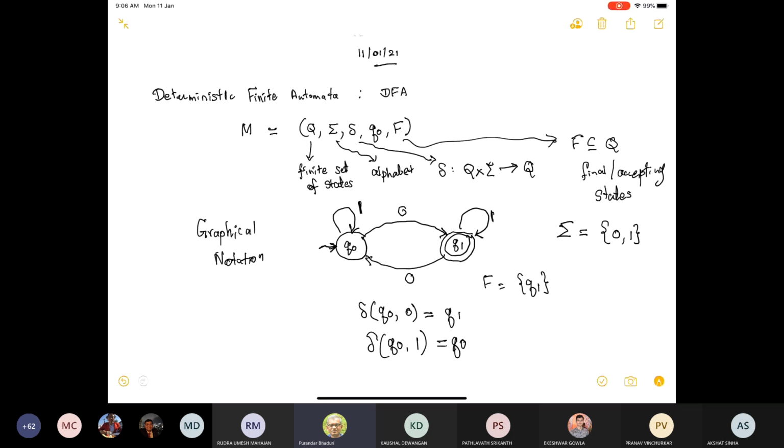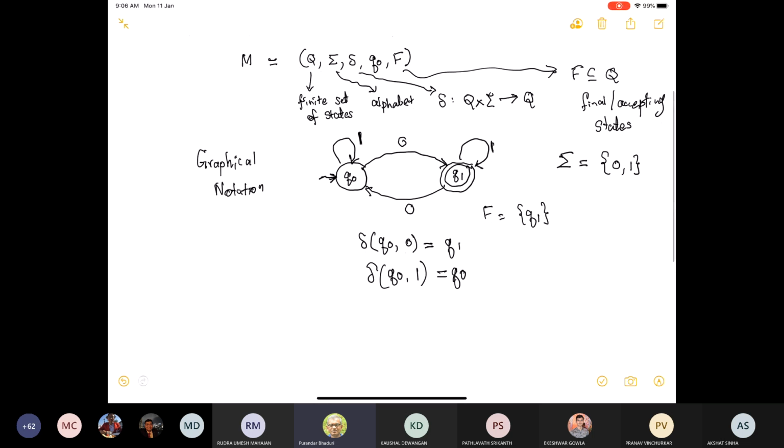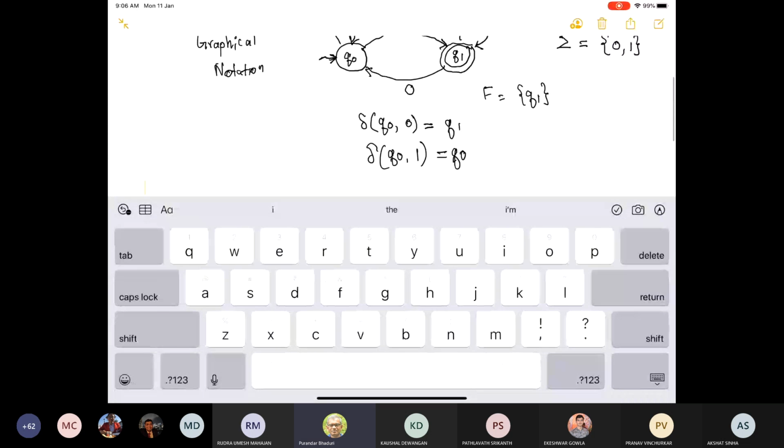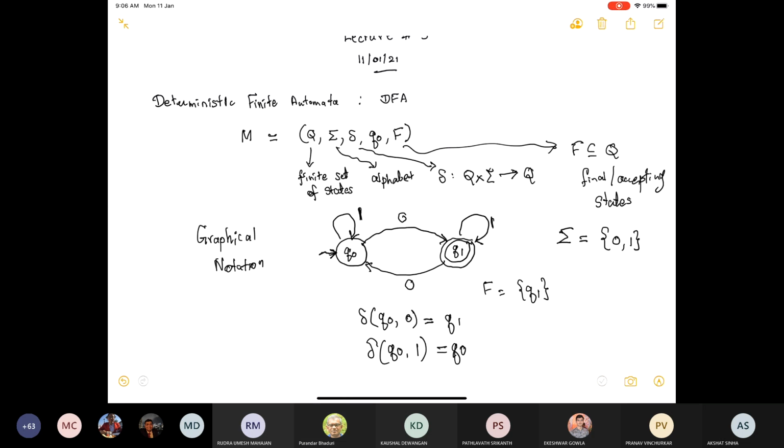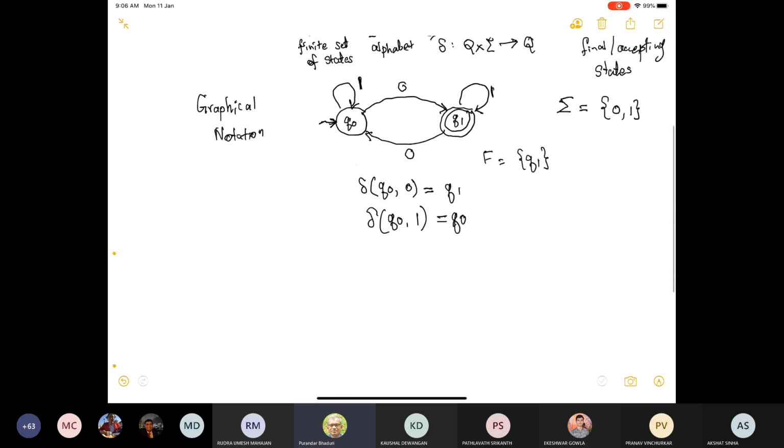And so on. You can fill out the details. I mean, there are only two states here.